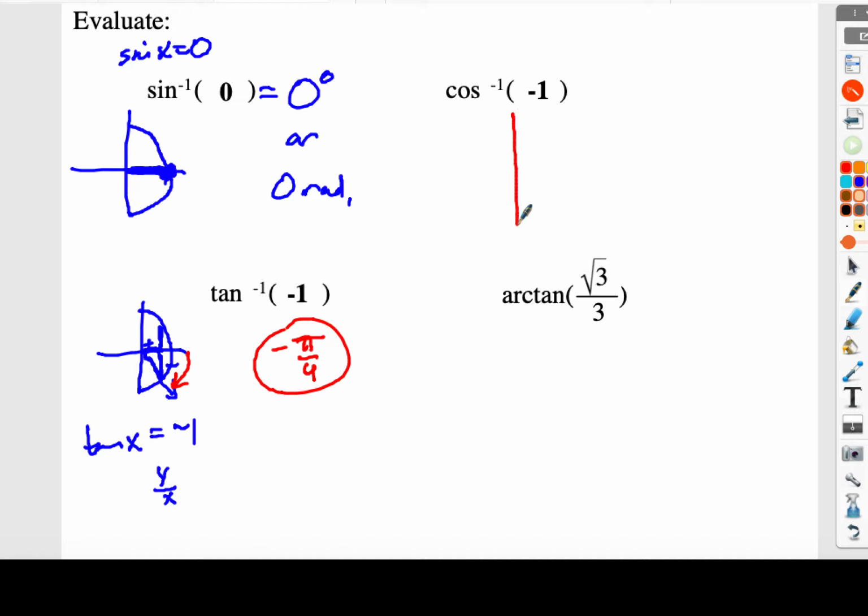Inverse cosine, well, now remember this is Santa's cap, so again we're going to be on the top of our unit circle. Cosine would only be -1 at one place. Cosine normally starts at 0 radians at +1, while at pi radians, you'd be at -1, right?